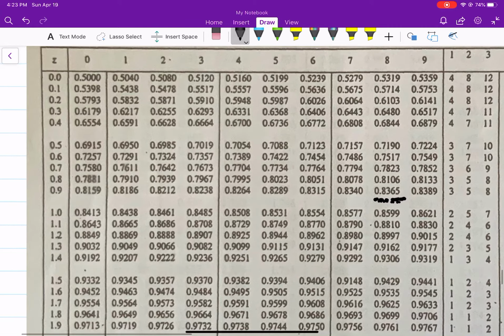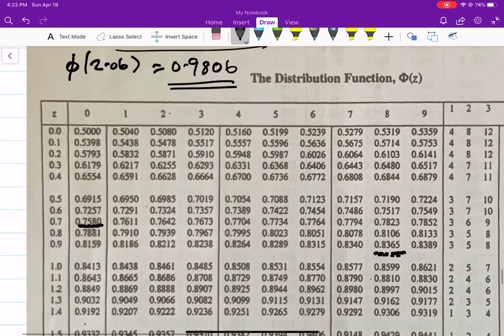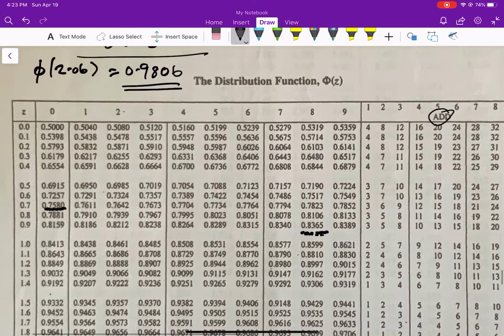And the closest I find without going over is this one right here, 0.7580, plus I have to add 20 to get 0.7600.